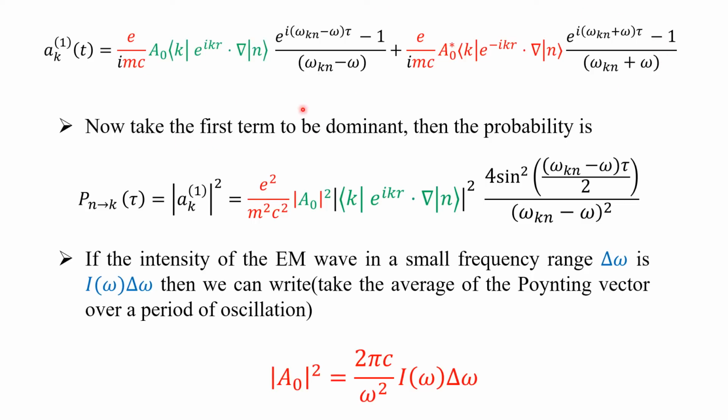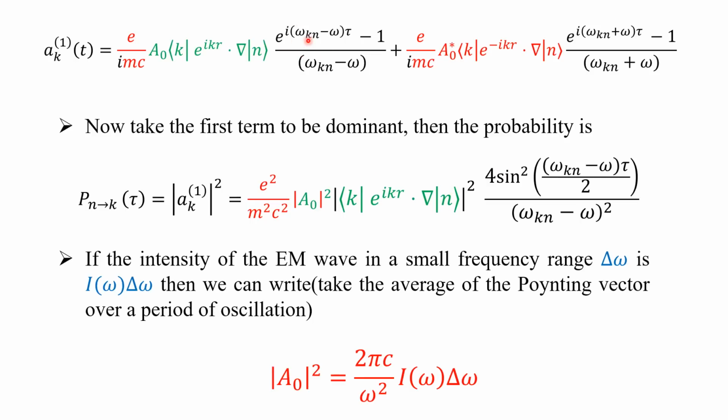Now take the first term to be dominant. Then the probability density for the particle moving from nth state to kth state, which is a function of time, is equal to the modulus square of this probability amplitude. Here, if you are taking modulus square, then you can ignore i. So this will become e squared over m squared c squared, because we are taking only the first term, then modulus a naught squared, then modulus of this inner product squared.